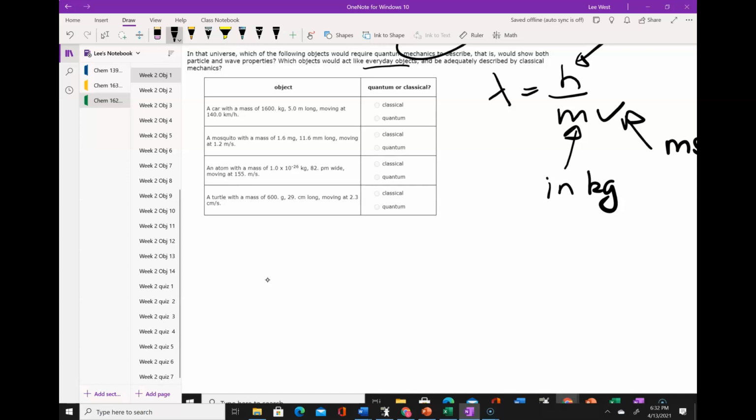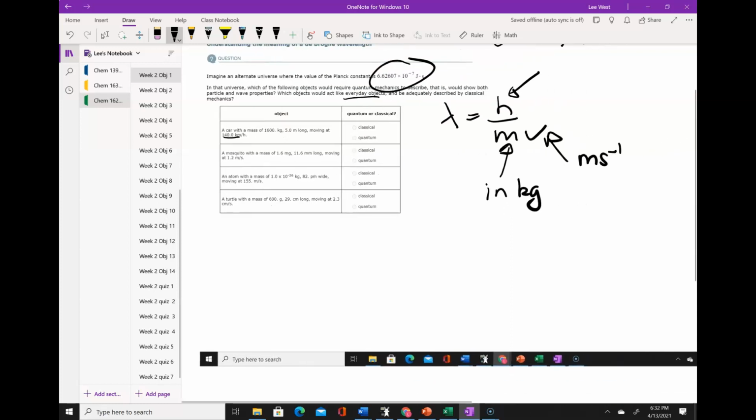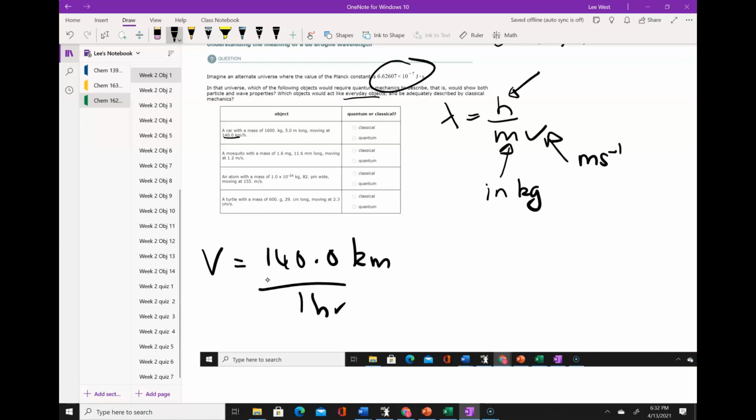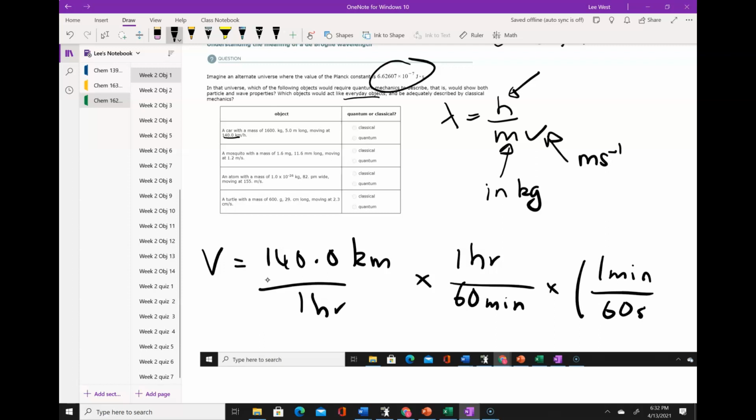But the velocity is given in kilometers per hour, and we need the velocity in meters per second, or our equation isn't going to work. So my first thing is to get my velocity into the correct units. So 140 kilometers every 1 hour, and I know that in 1 hour there are 60 minutes, and in 1 minute there are 60 seconds.